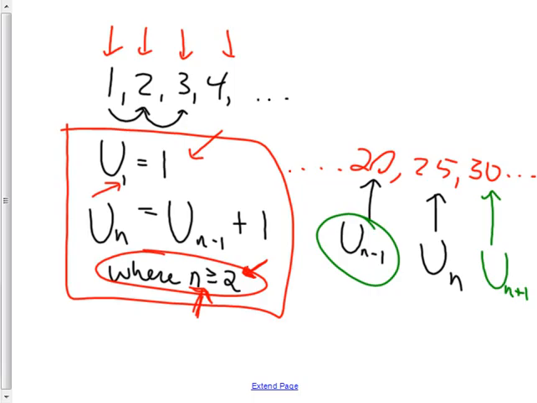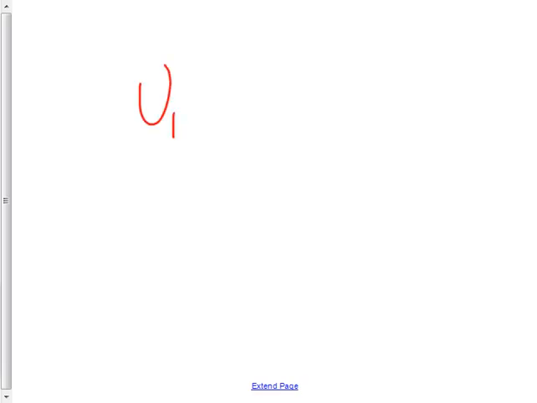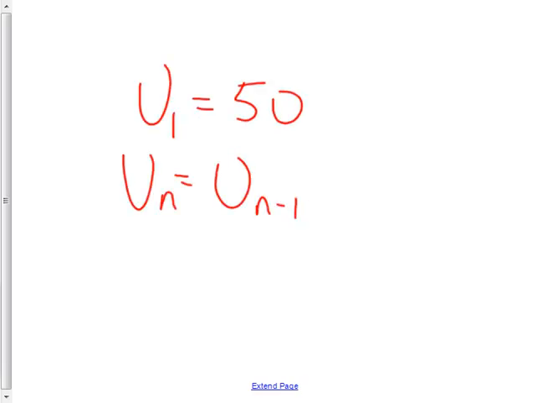All right, so one last time, if I wrote this formula, what does this start with? 50. What would the next term be? 55. All right. What wouldn't this formula work for?